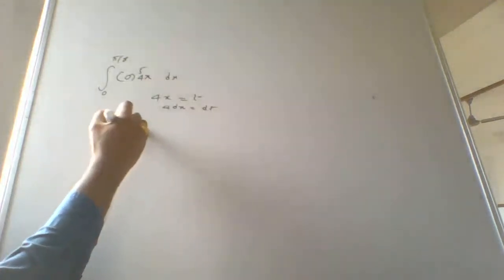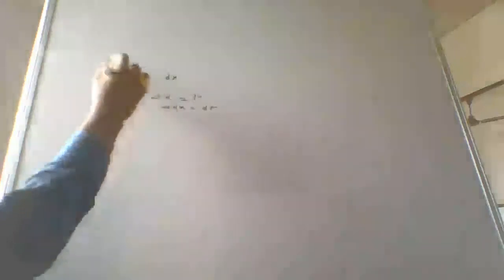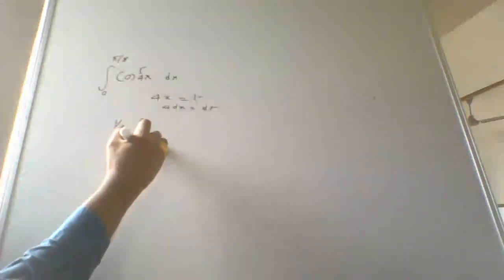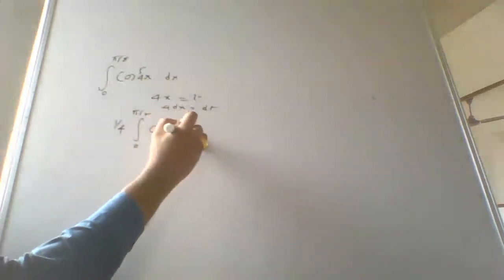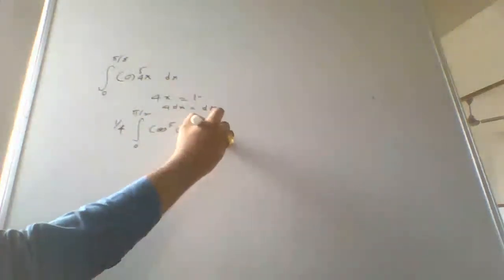So I'll take 1 by 4. Now the limits also change, so it will be 0 to pi by 2, cos power 5 t dt.